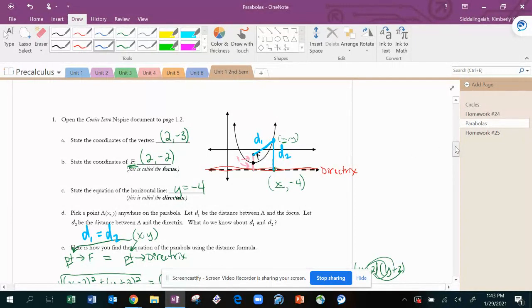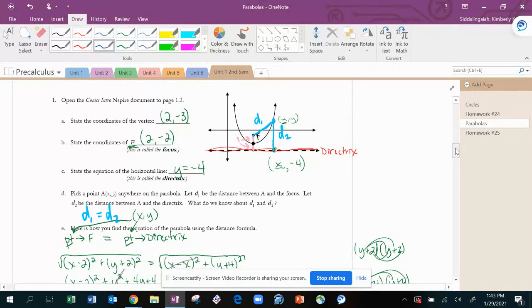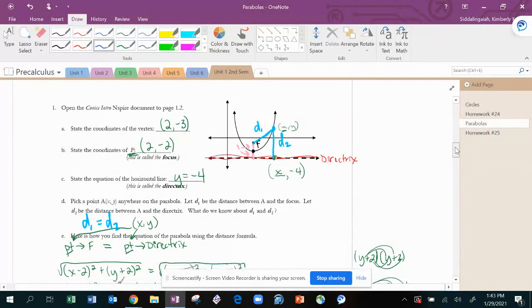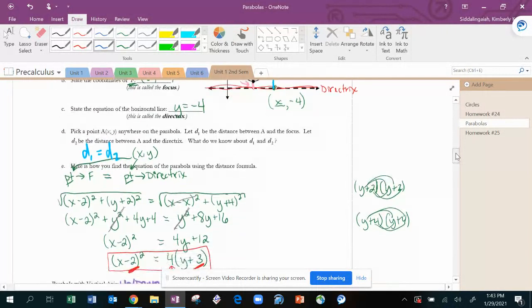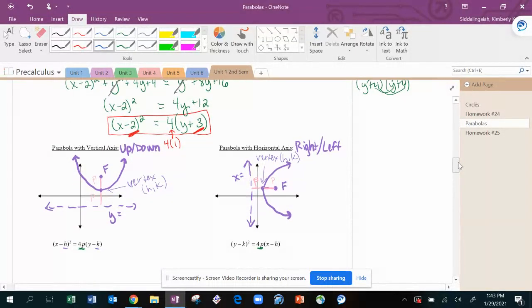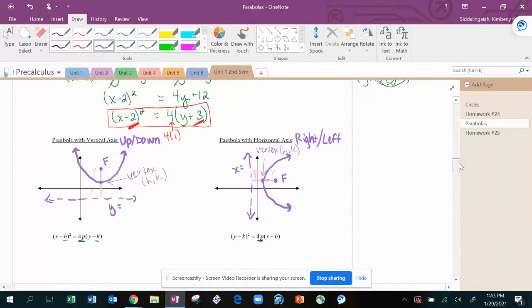So this was page 2 of our notes, or kind of the start of our notes, since page 1 was a warm-up. Just a little reminder, we were looking at a parabola with 3 important features: the vertex, the focus, and the directrix. Feels a little weird because for years and years and years, we didn't know about the focus or the directrix. They were kind of behind the scenes.